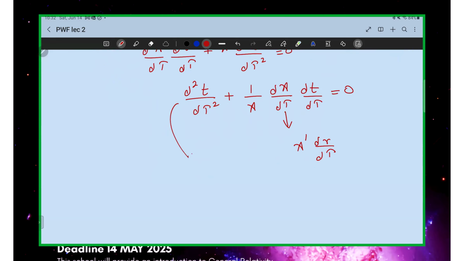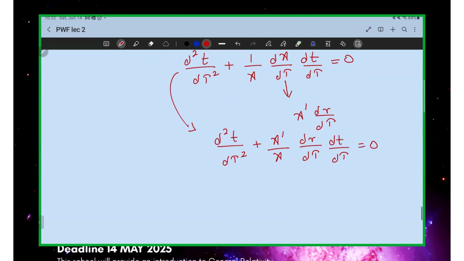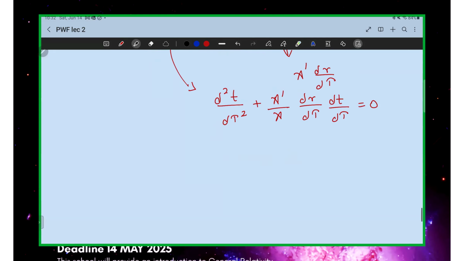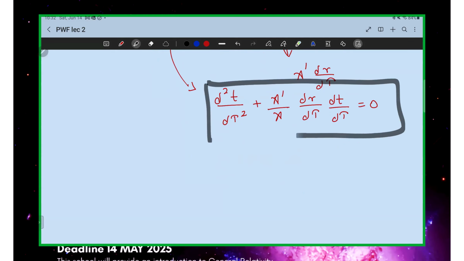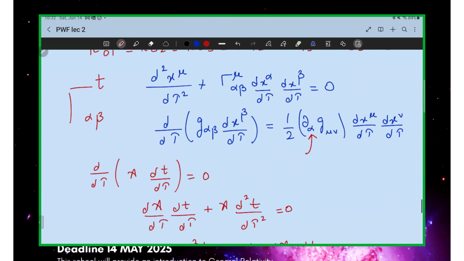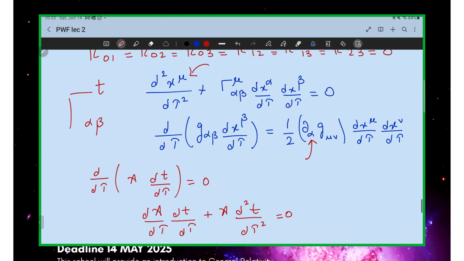So this particular equation becomes A prime over A, right. Now, if you compare this equation with the geodesic equation that I wrote earlier, what I'm going to do is put mu equals 0 here.